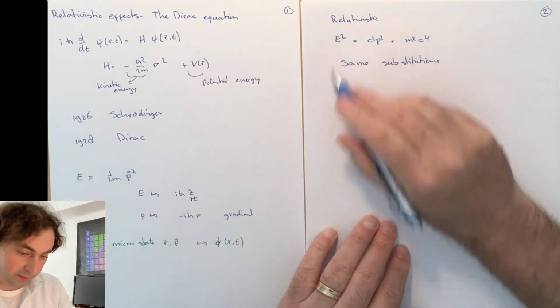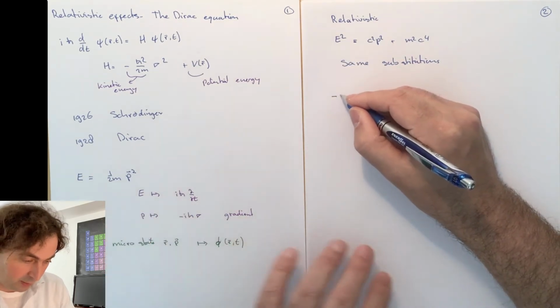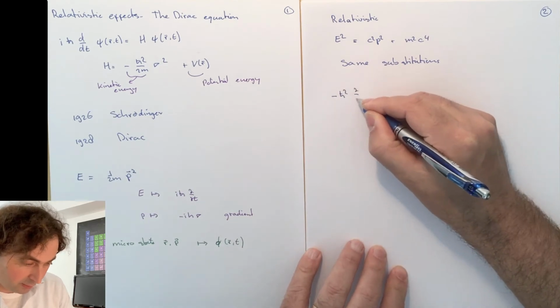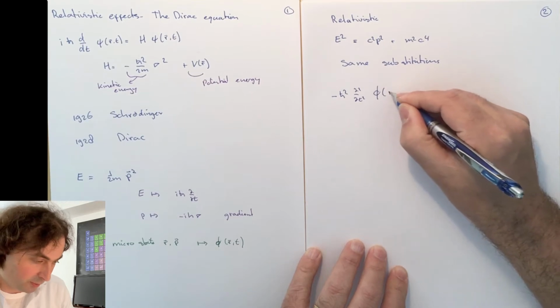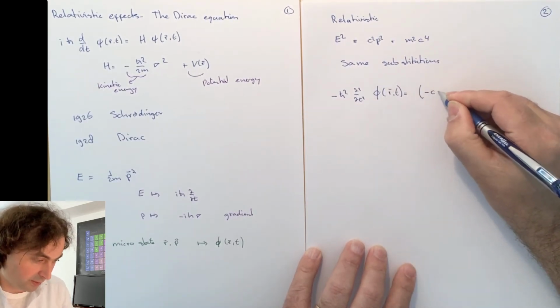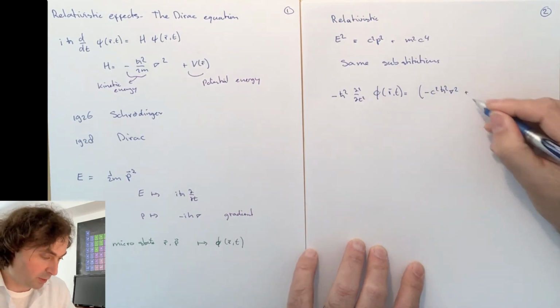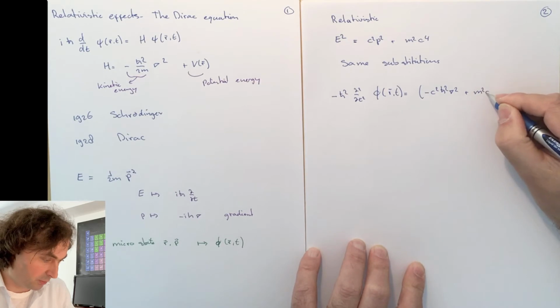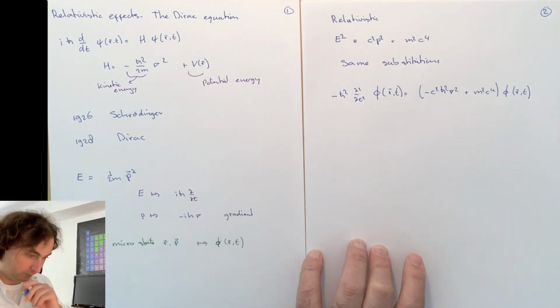And what we find is that the energy squared becomes minus h bar squared, with the second time derivative acting on our wave function, equal to minus c squared h bar squared, second derivative in the spatial coordinates, plus m squared c to the fourth times the wave function.